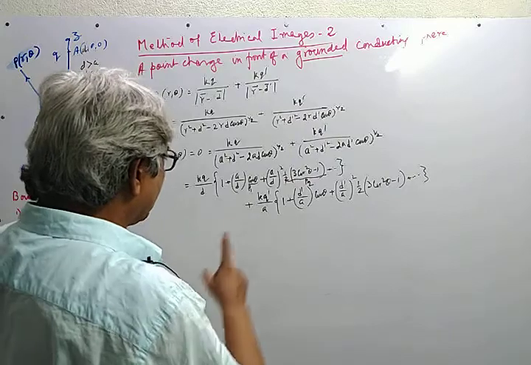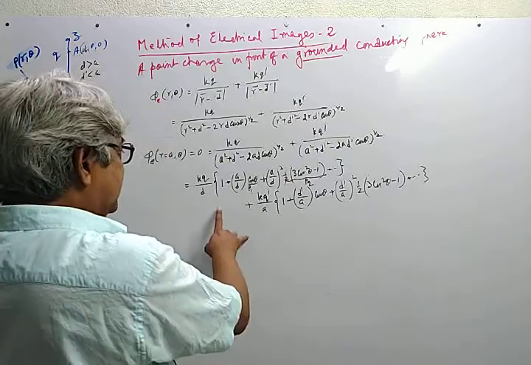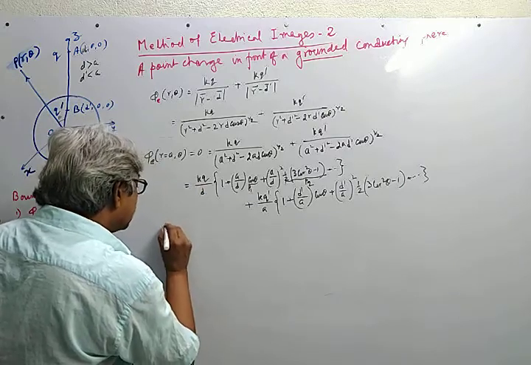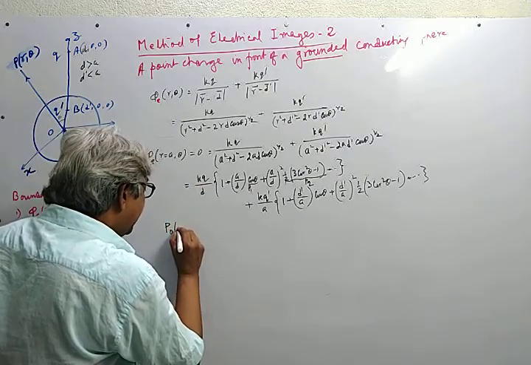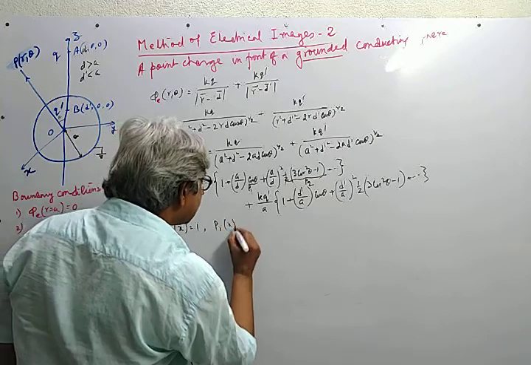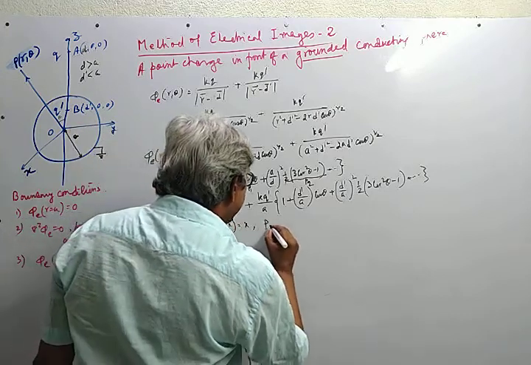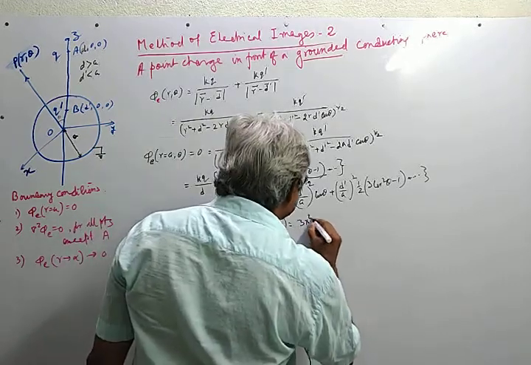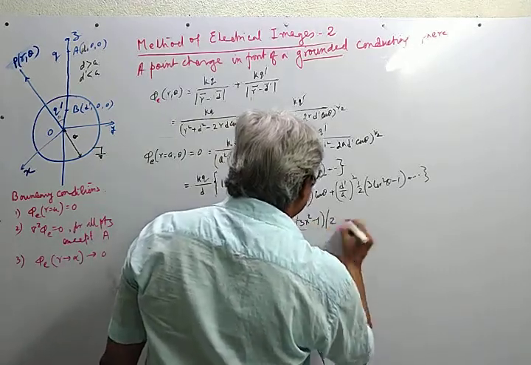That is, if we compare the coefficient of Legendre polynomial of 0, say, P0 of x is 1, P1 of x is equal to x, and P2 of x is equal to (3x square minus 1) by 2.